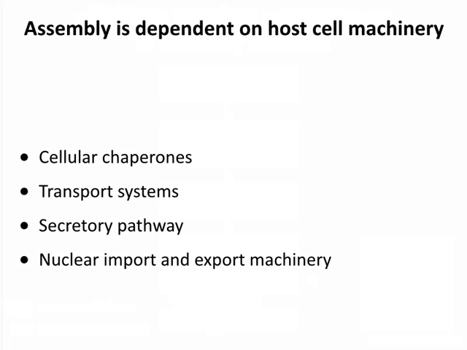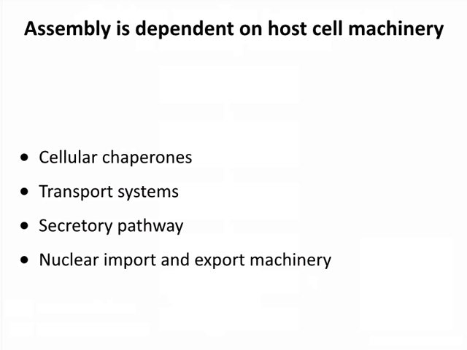The assembly requires transport systems. The components have to get around the cell to the sites of assembly. And remember, movement within a cell is not by diffusion, never. It happens by active transport on motor pathways. The secretory pathway is important for the transport of glycoproteins from the endoplasmic reticulum to the plasma membrane, where they're going to become part of envelope viruses.